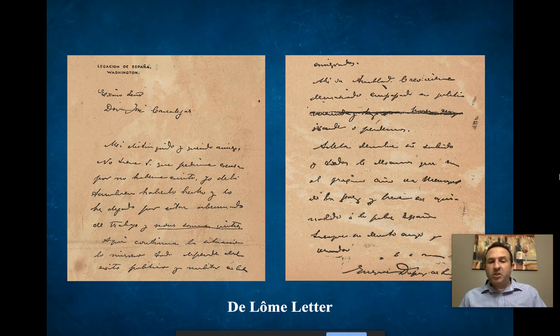In this letter, and I'm sure you can't read the Spanish in this cursive Spanish, poor handwriting, Dupuy de Lome describes President McKinley as a, quote, "cheap politician," unquote, and a, quote, "bidder for the admiration of the crowd," unquote. In other words, he insults the president.